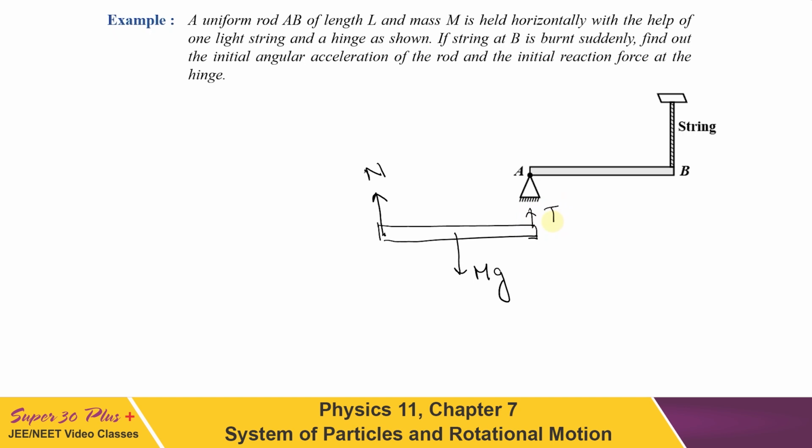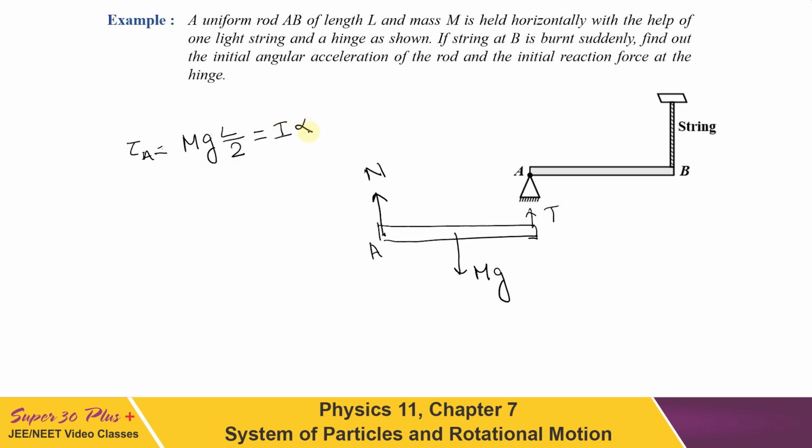What torque will be there? If I am writing about A, as you can see, for the normal, because it is acting at point A, its torque has to be equal to 0. And then the only torque that will be effective is due to weight. So it has to be equal to mg L by 2. Tension already has become 0. So this will be equal to I alpha.